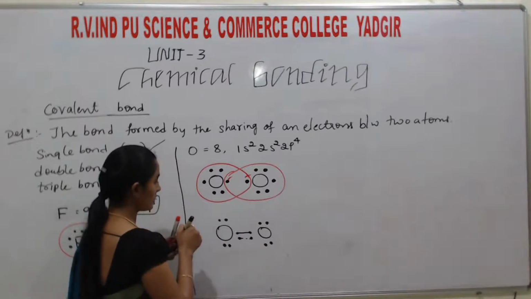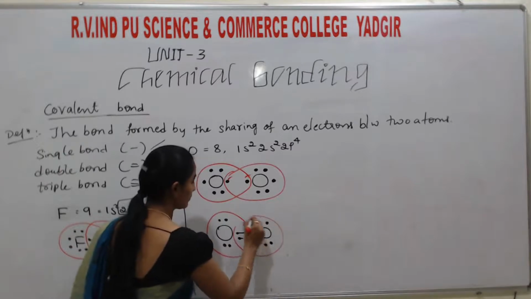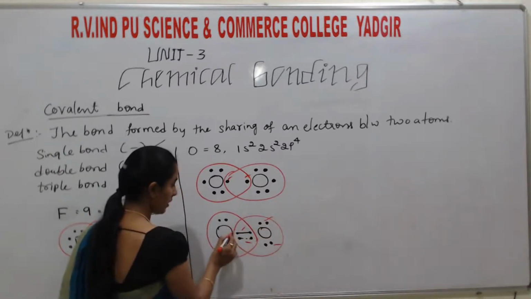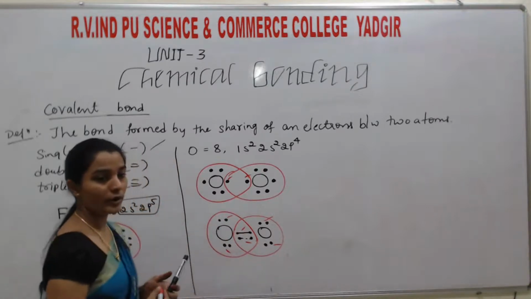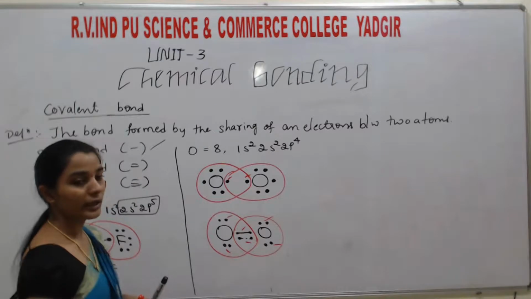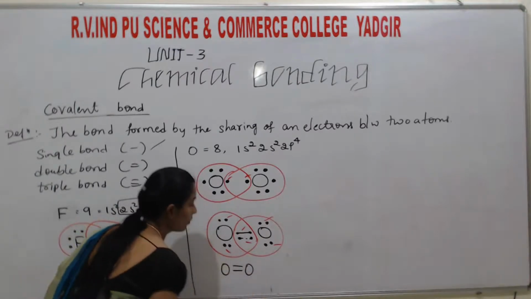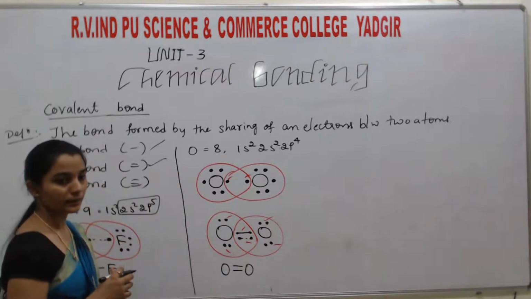Understand? So when you consider that, then it will become 2, 4, 6, 8 for this and 2, 4, 6, 8 for this. Including the bonded electrons, they attain octet configuration. So the structure is O double bond O. So this is a double bonded system.